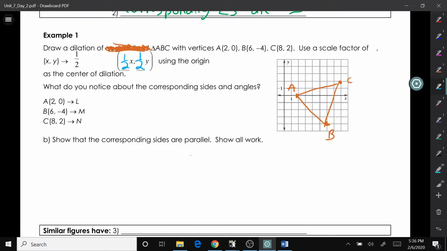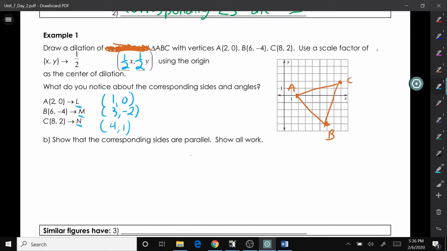And what we'll be doing is labeling those points L, M, and N. So A, we multiply each value by 1/2, we get 1, 0. In B, we multiply each value by 1/2, we get 3, -2. And for C, multiply each side by 1/2, we get 4, 1.